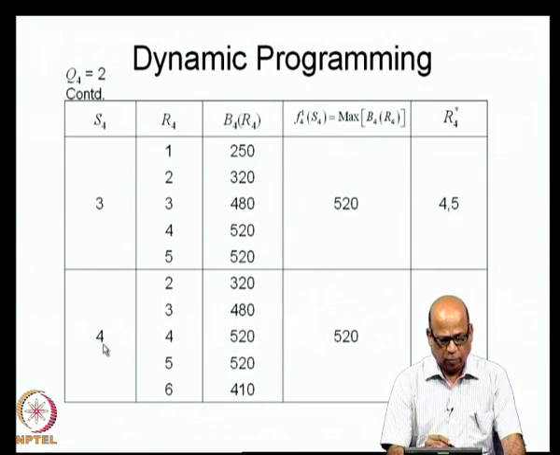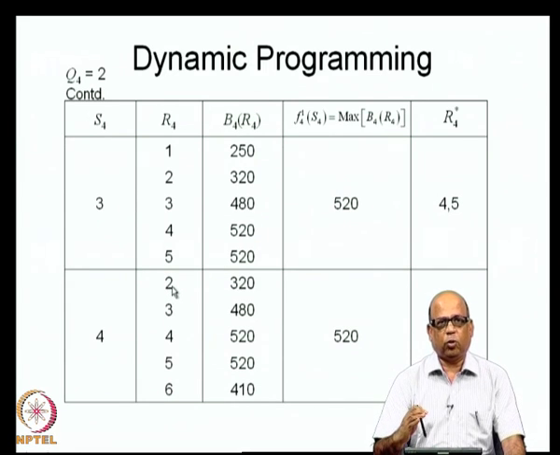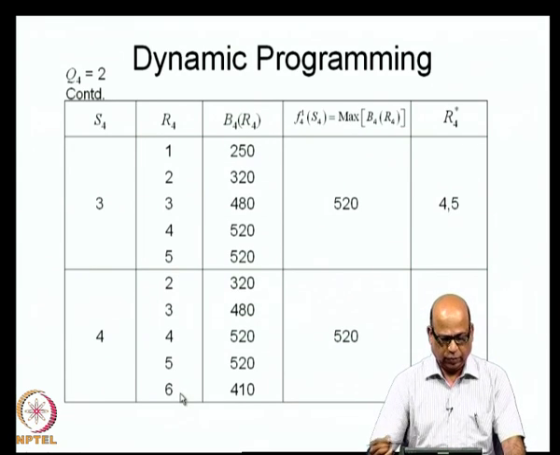Similarly, when we come to S 4 is equal to 4, 4 plus 2 is 6, and therefore, minimum of 2 has to be released. Remember, the release also includes the overflows, that is, the excess flow or the spill over and above the storage capacity is the overflow, and that includes this. Therefore, for 4 we go up to 6.